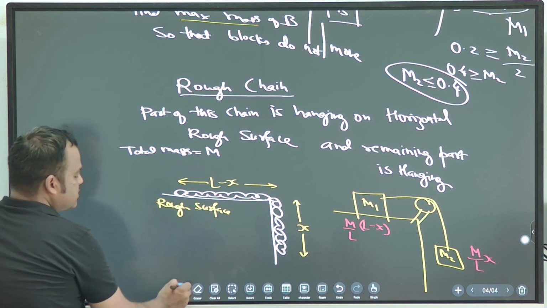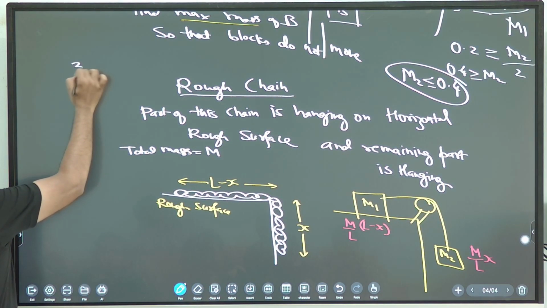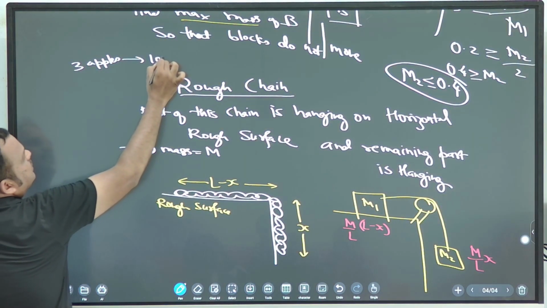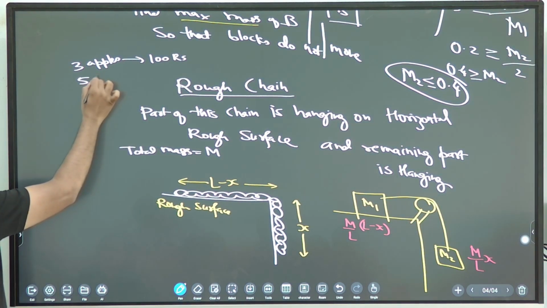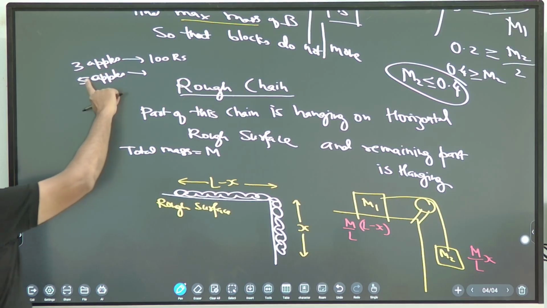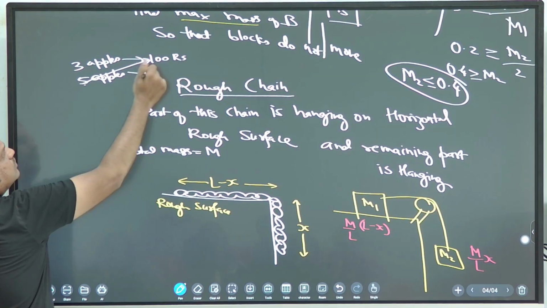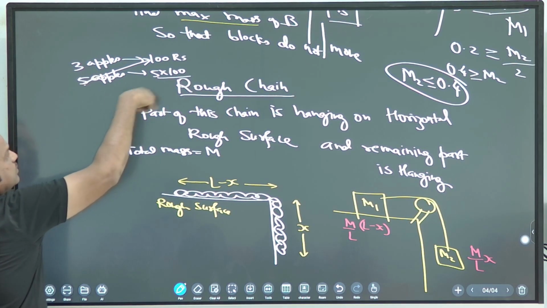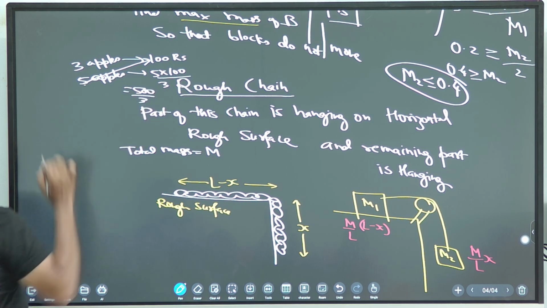Note down. It is known as the unitary method. Like the price of 3 apples. You go to market. Price of 3 apples is 100 rupees. So what is the price of 5 apples? 5 into 100 divided by 3, so 500 by 3.